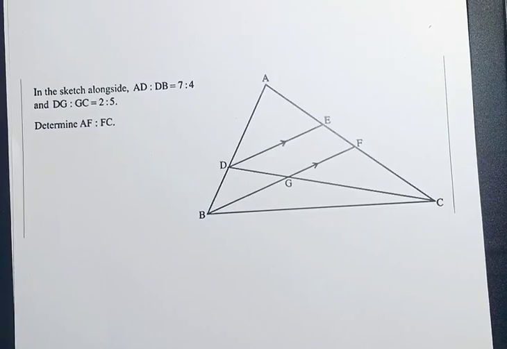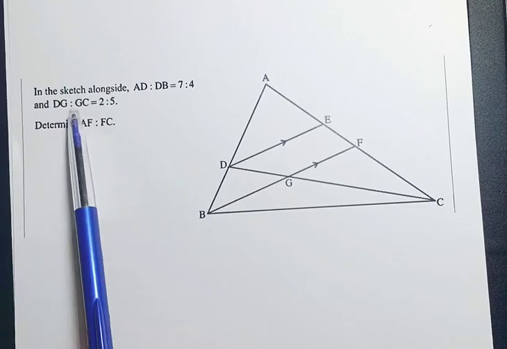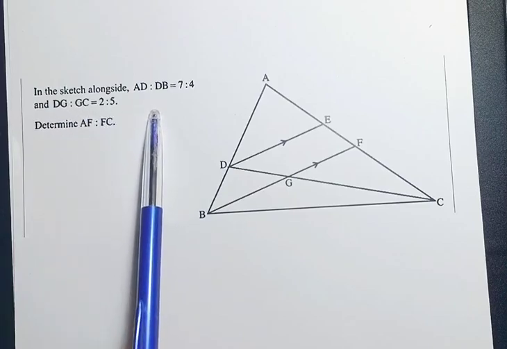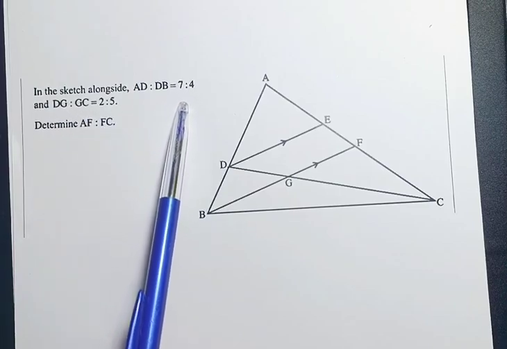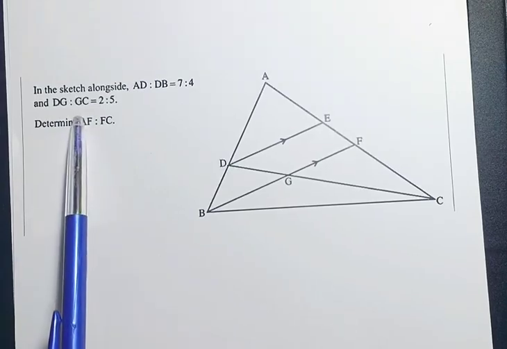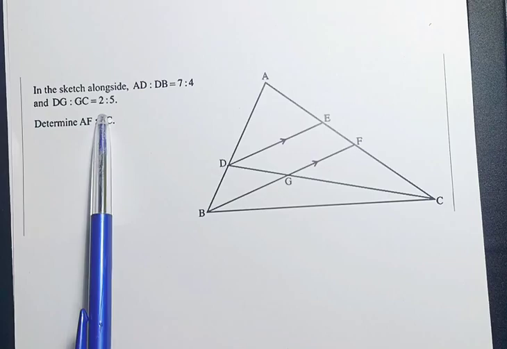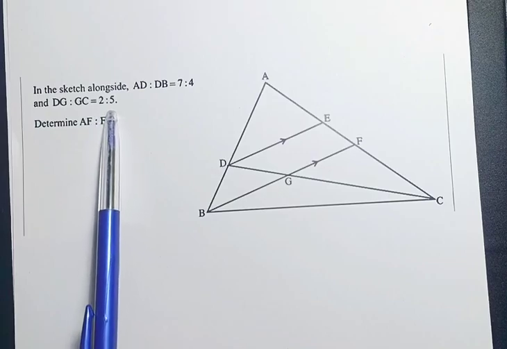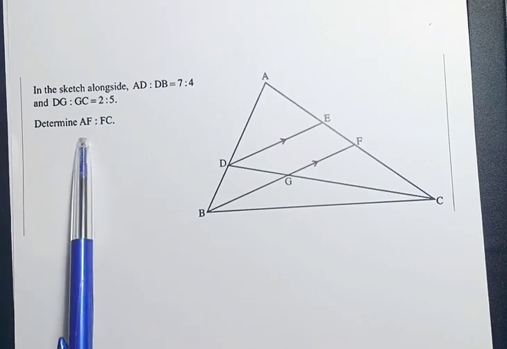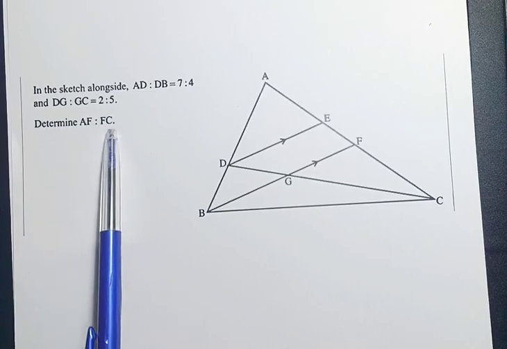So how to solve. This is the first type and this is the easiest one. This is the normal one. I'll show you how to do this one. This question says in the sketch alongside, AD ratio DB is 7 ratio 4 and DG ratio GC is equal to 2 ratio 5. Determine AF ratio FC.